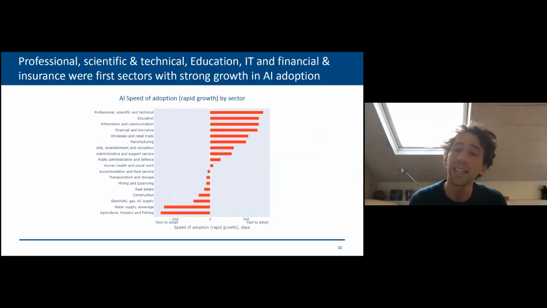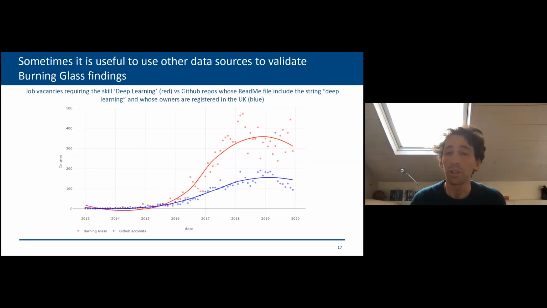And next slide, please. I just wanted to close with a bit of an odd but interesting example where we looked at deep learning. So in red, you see the points and the line, the smoothing line, are the job vacancies that require the skill deep learning. And in blue, what we did was we tried to benchmark those findings using another data set.